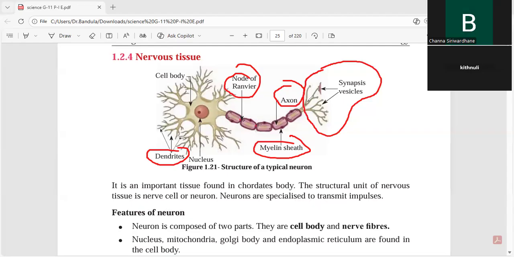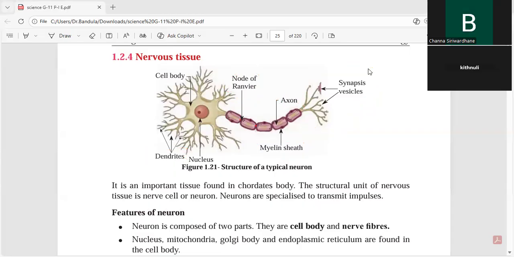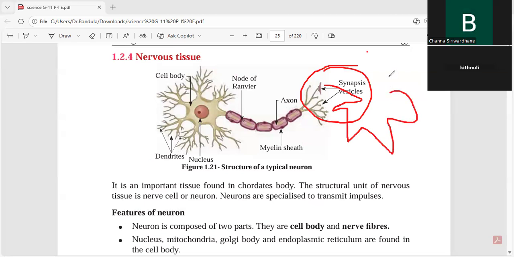At the end of these branches, you will have synaptic vesicles. These synaptic vesicles will connect to another cell body here.